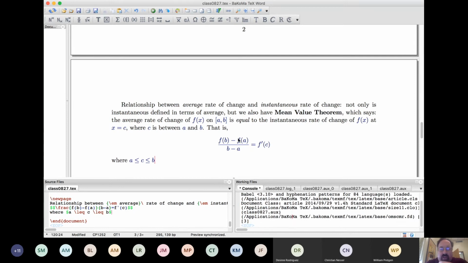It doesn't say where it is, but it's somewhere in this range. Now, one use of this idea, the notion that the average rate of change and the instantaneous rate of change coincide at a certain point, is this.